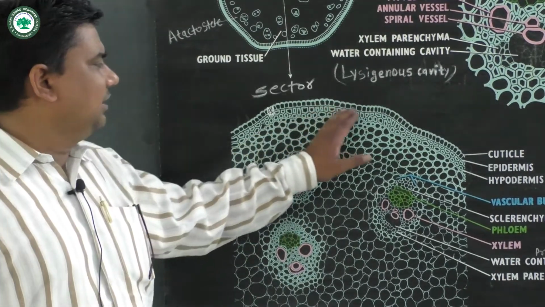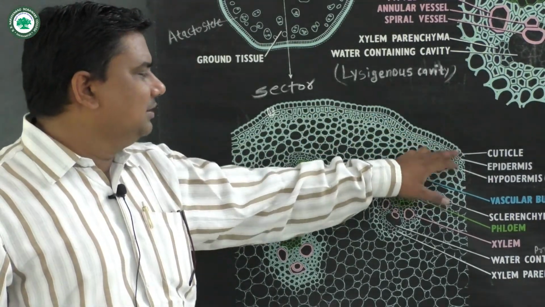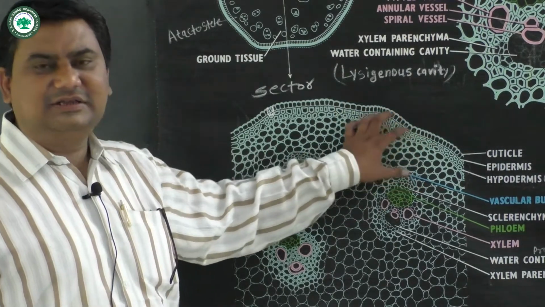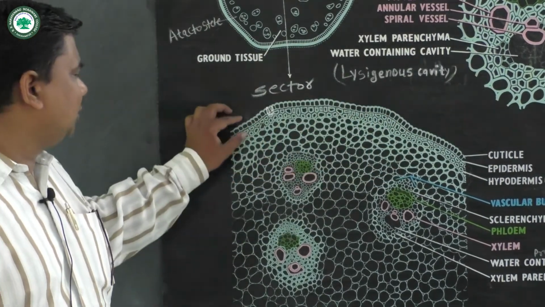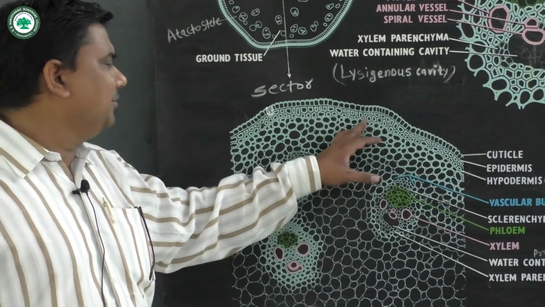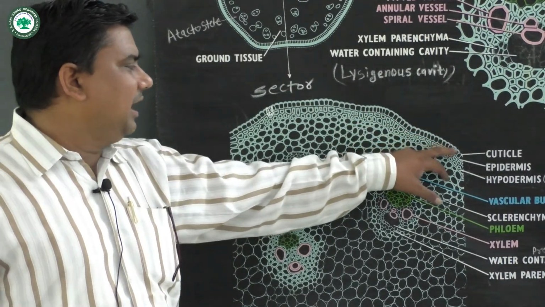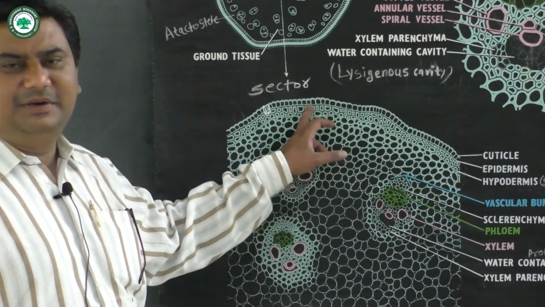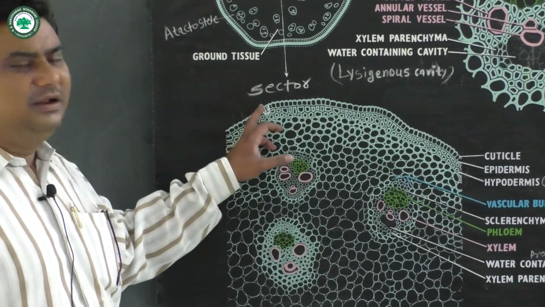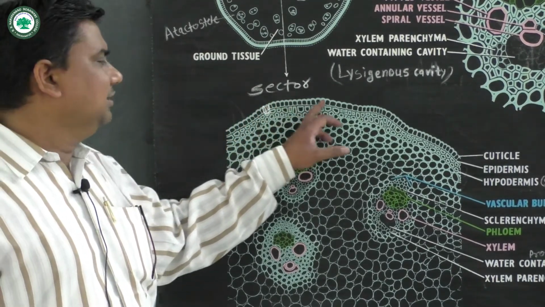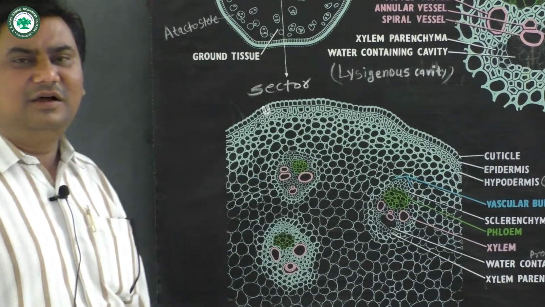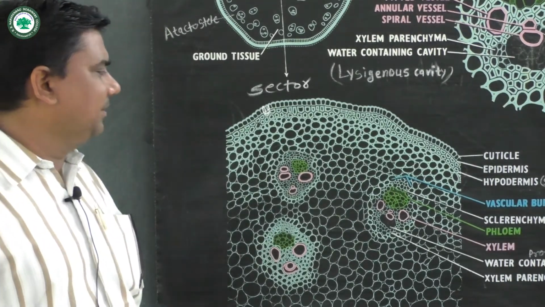So this is the epidermis, where the cells are compactly arranged and made up of parenchymatous cells, with the cuticle on the outer surface, and stomata present on the young stem.